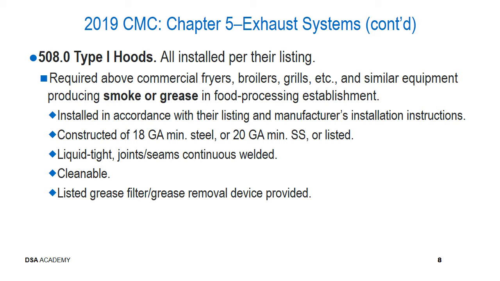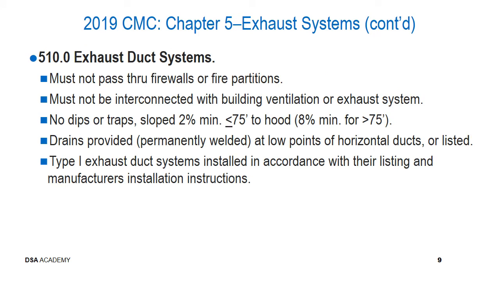The ductwork has got to remain cleanable, and listed grease filter or grease removal devices are required to be provided. These Type 1 hood exhaust duct systems are not permitted to pass through firewalls or fire partitions. They are not permitted to be interconnected with any other building ventilation or exhaust system.